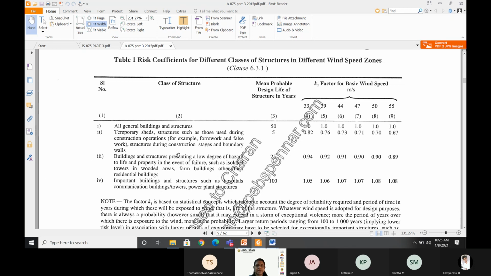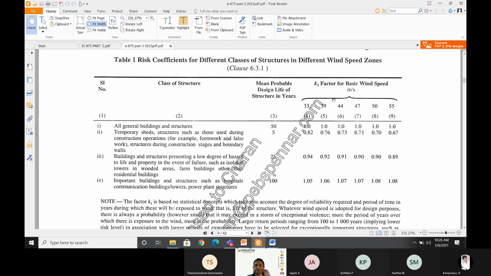So from this class of structures, for all general buildings, the minimum design life given is 50 years. Temporary structures, we give maximum 5 years. Wooden structures, 25 years. All important power plant, hospital buildings, the design life given is 100 years. So this is the design life of the structure.